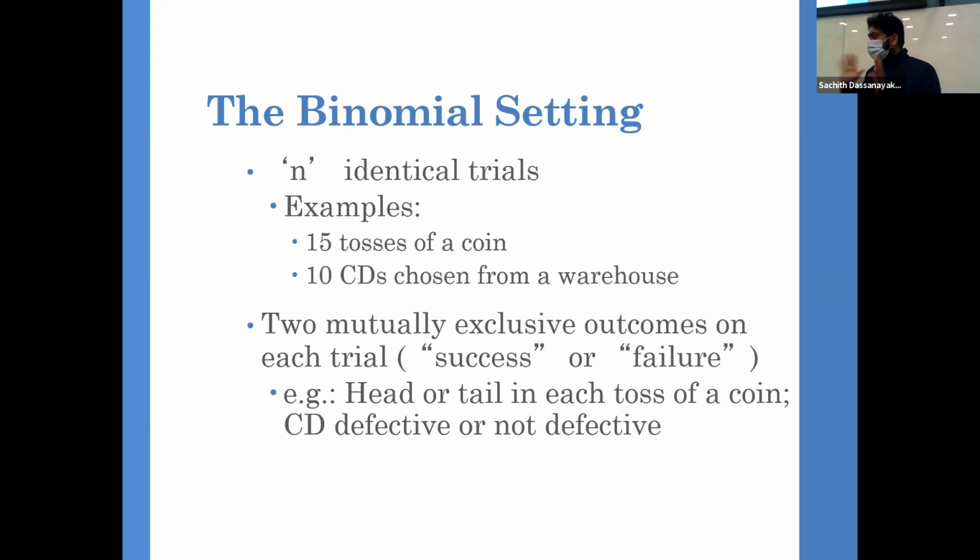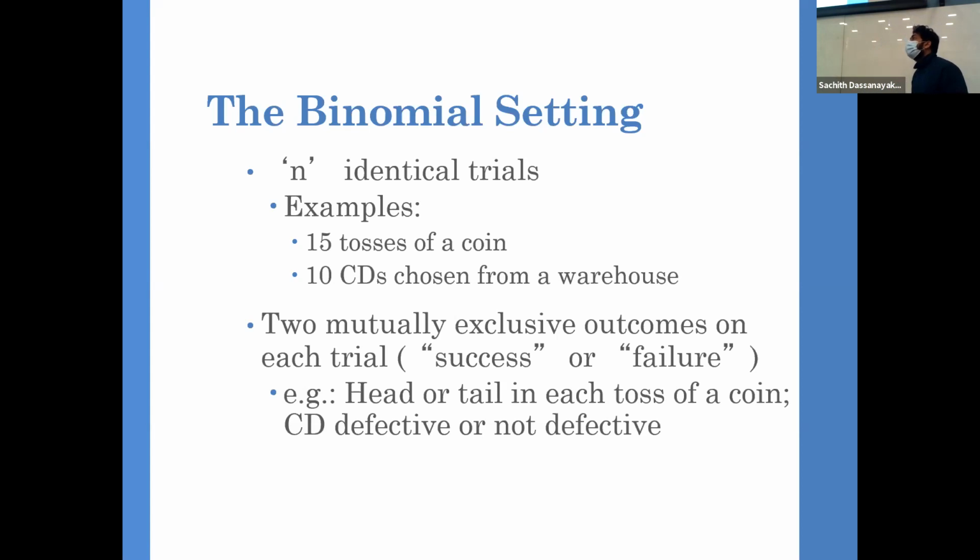For example, if I'm flipping a coin and I want to see how many heads I have after I flip n times, I need to check how many heads I get. So the number of heads is my success. Clear?